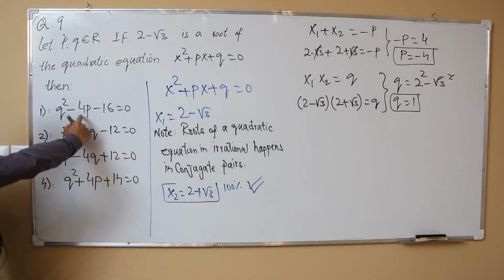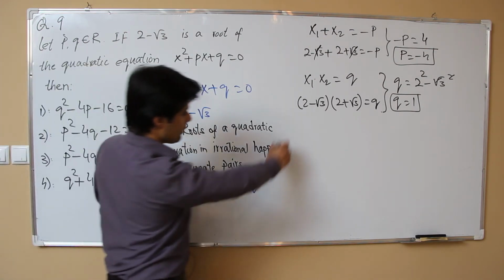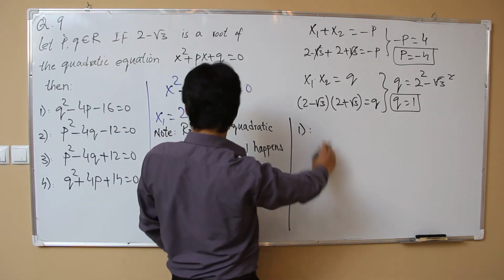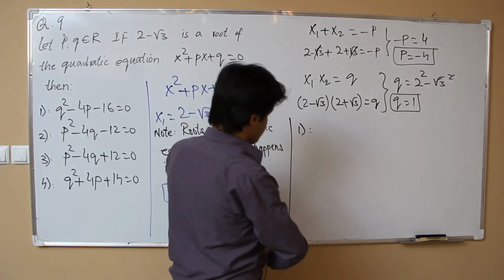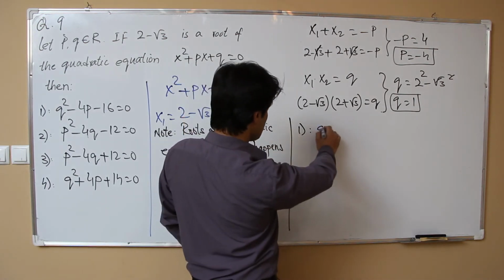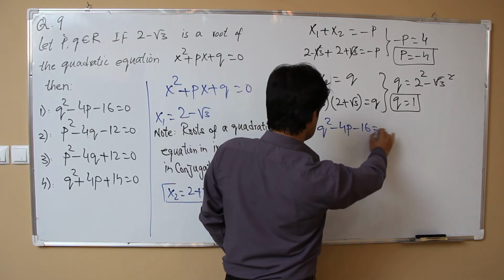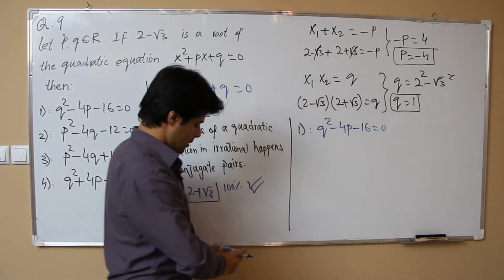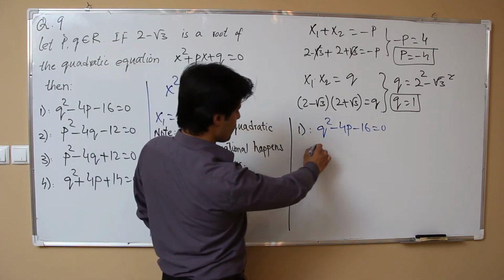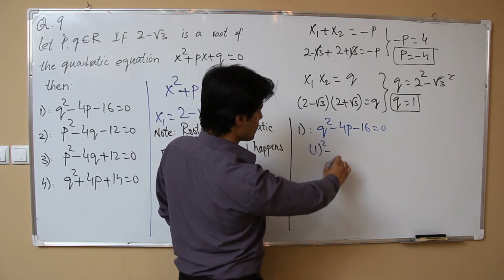Then put these in the answer sheet. The first one is q square minus 4p minus 16 equal to 0. Instead of q, you should put 1 square minus 4.